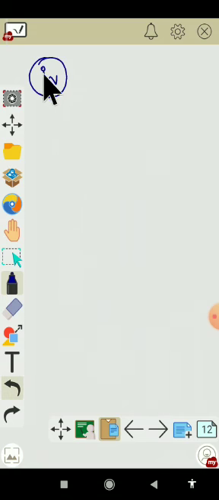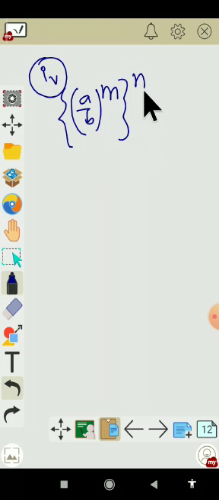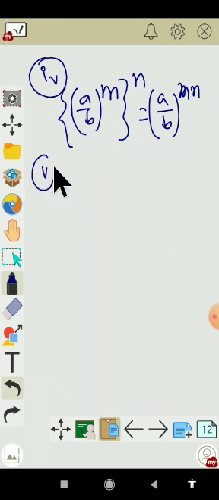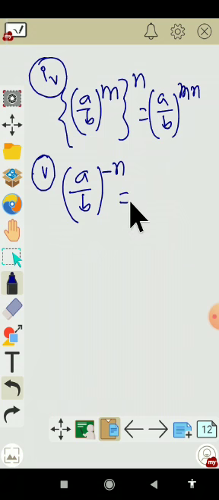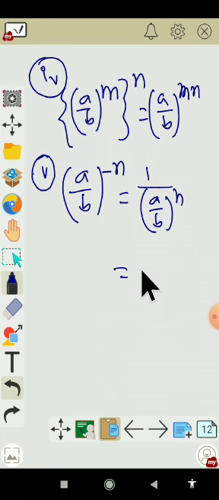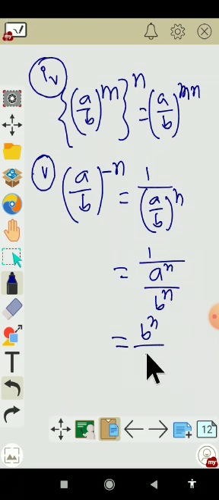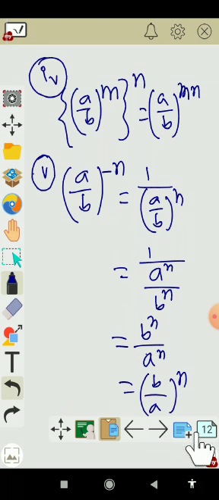The fourth formula is a by b to the power m, whole to the power n, which we can write as a by b to the power mn. The fifth formula is a by b to the power minus n, which is possible to write as 1 over a by b to the power n, and finally we can write b to the power n by a to the power n, that means b by a to the power n.